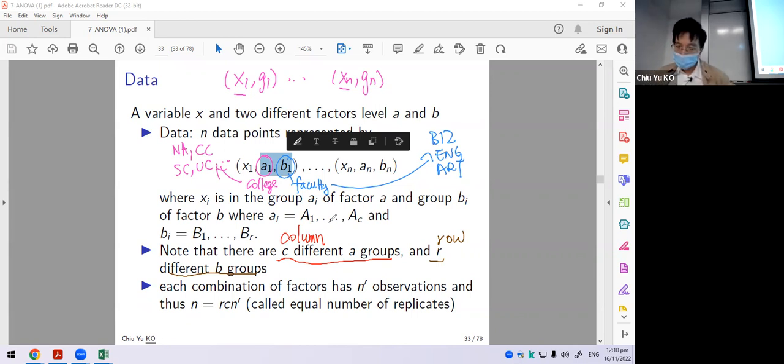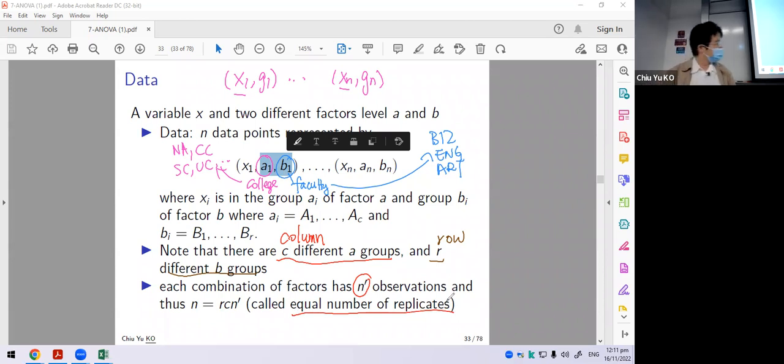Okay. So because two-way ANOVA is very complicated, for our purpose, we focus on the very simple setup, which we did not impose in the one-way ANOVA, but we impose in the two-way ANOVA. Each combination of factors has the same number of observations, which we call equal number of replicates, which is also the special case, also the case that you work for Excel.